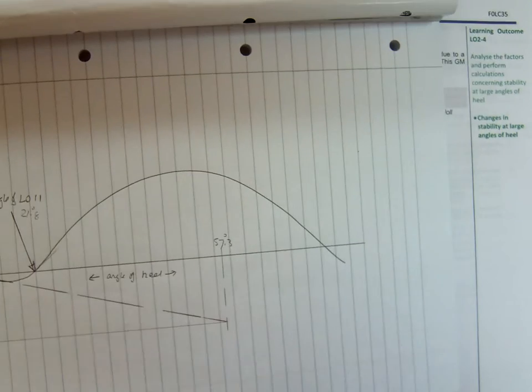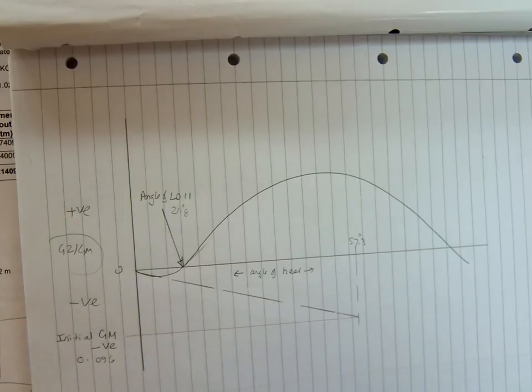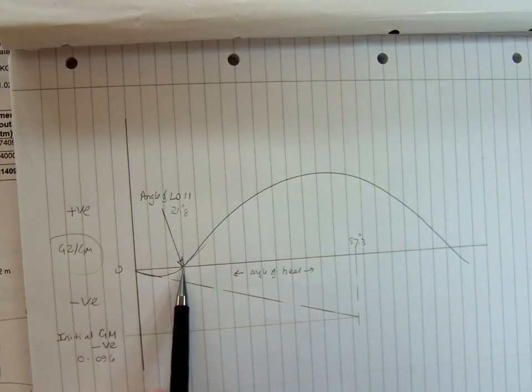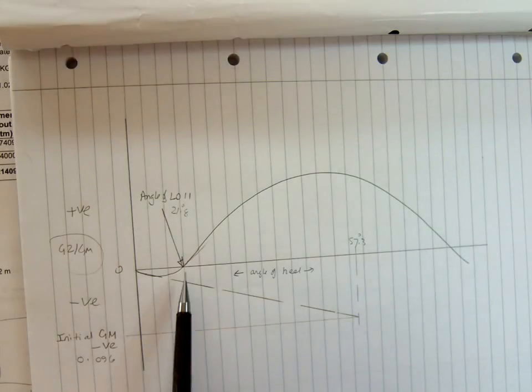But hopefully the sketch that I've done there just explains it when you're used to looking at the GZ curves. So angle of loll obviously negative GM initially, settle at that angle, and our GM must be positive then, because we do actually create a righting lever if we heel over any further than the angle that we've got there.